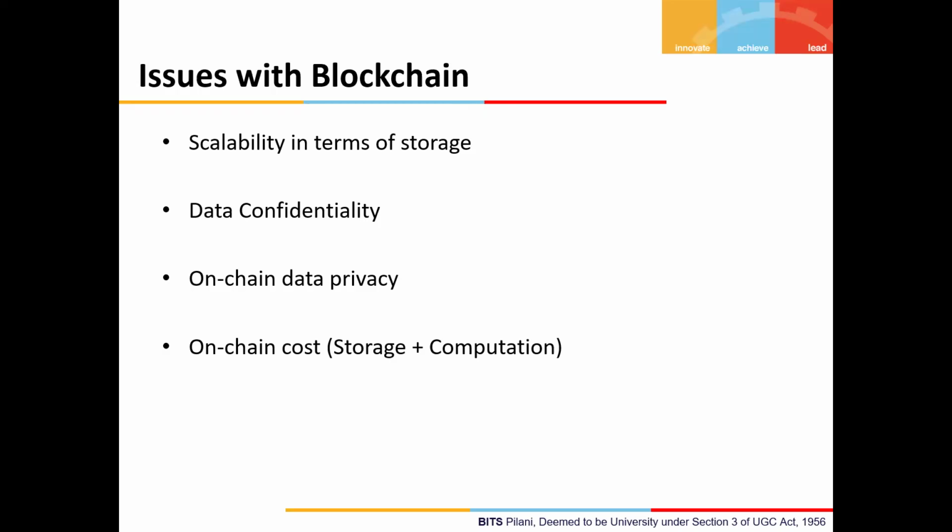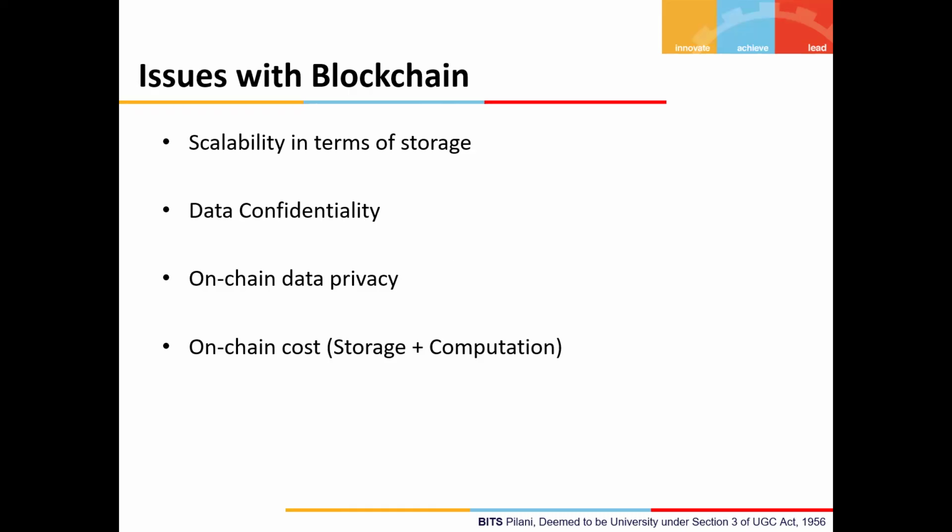Or at the application level, if I add something or change something in my application, it incurs some cost. And this cost is decided by the storage, how much storage I am using of blockchain, and how much computation I am performing in order to get something, right? So these are the issues with blockchain that we need to solve for this mobile crowd sensing system.